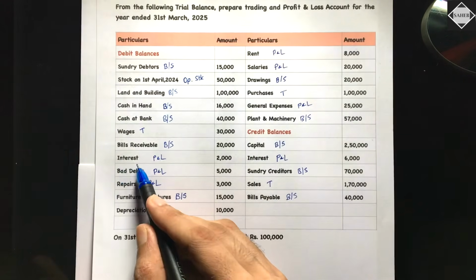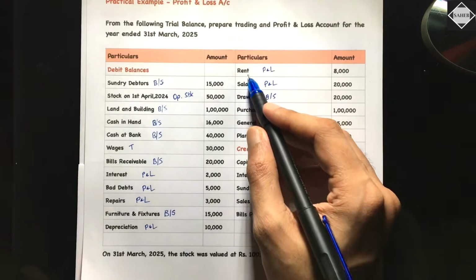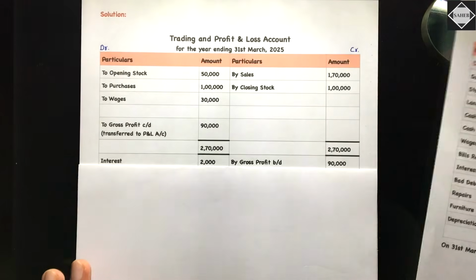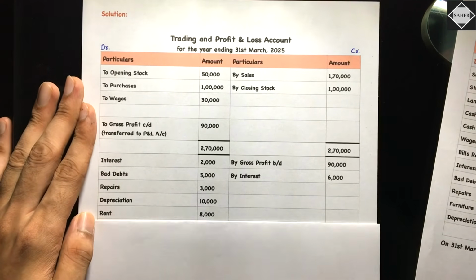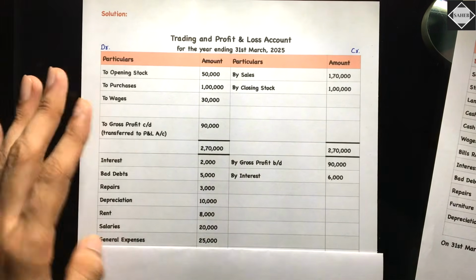See, we have interest paid, bad debts, repairs, depreciation, and then we have rent, salaries, general expenses. So just take them directly. Interest, bad debts, repairs, depreciation, rent, salaries, general expenses. Is it clear? This is how you have to take it.